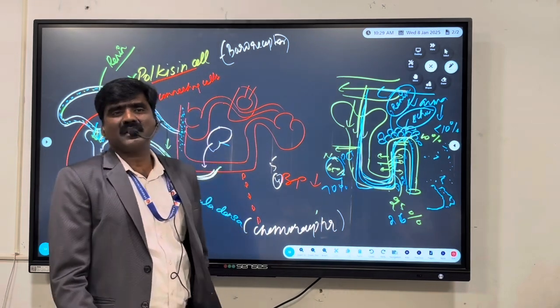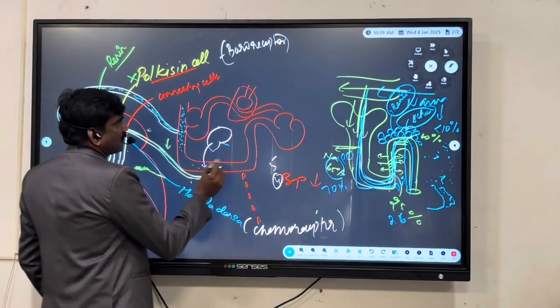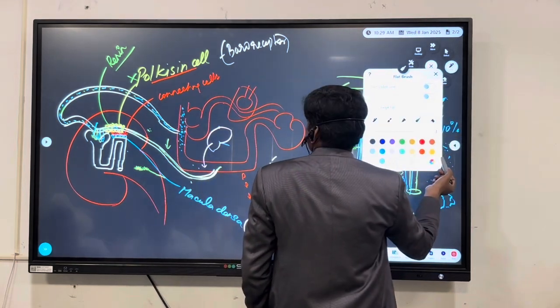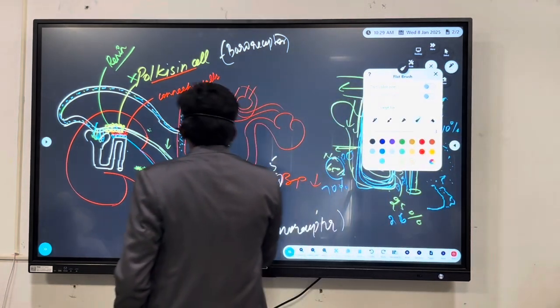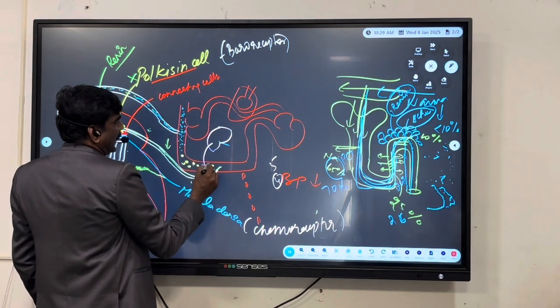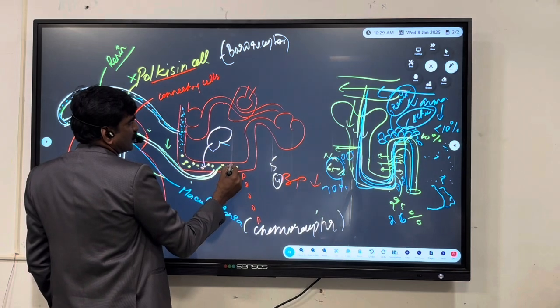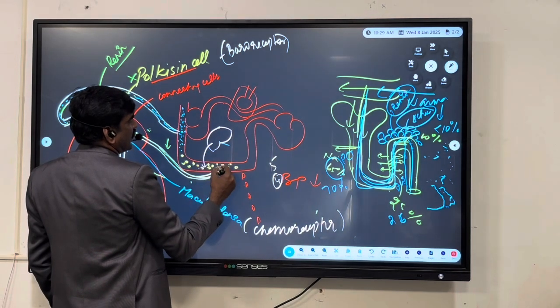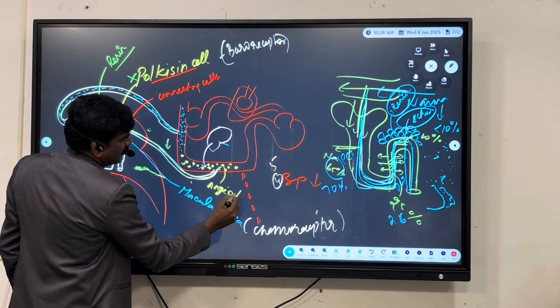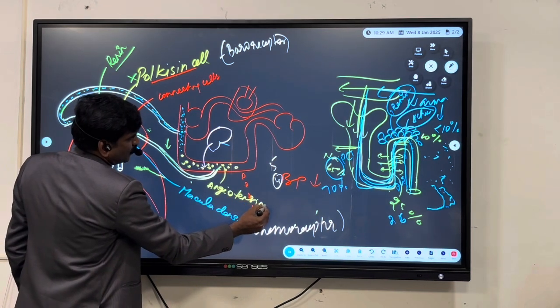Some proteins are present in the blood. So this yellow color is angiotensinogen. They are proteins, right? Angiotensinogen.